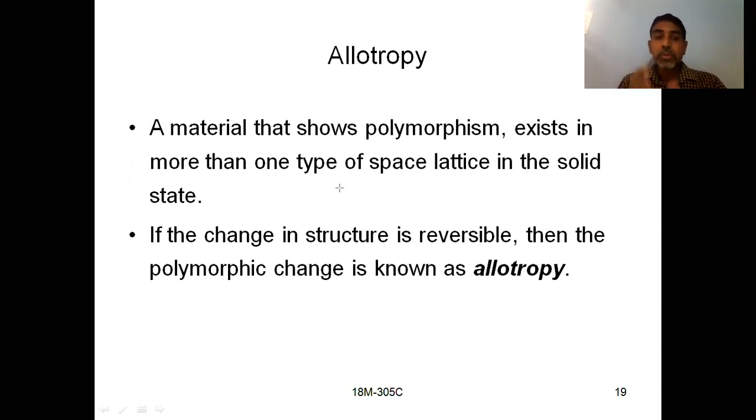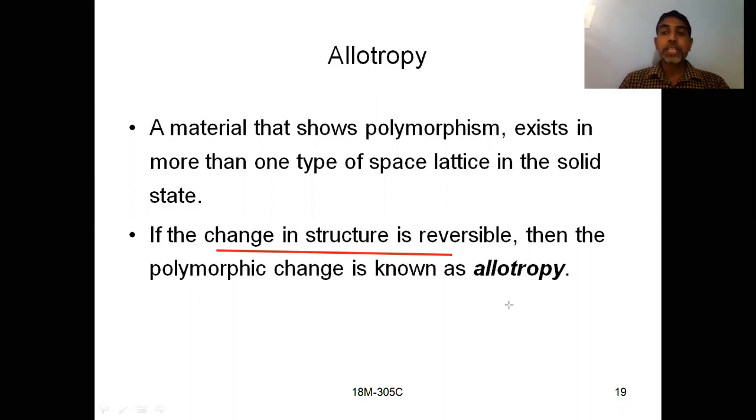So if you have polymorphism and the change in the structure from A to B is possible, and B to A is also possible, that means the reverse is possible. If it is reversible, then we can say it is an allotropic structure. That change in polymorphism is known as allotropy.